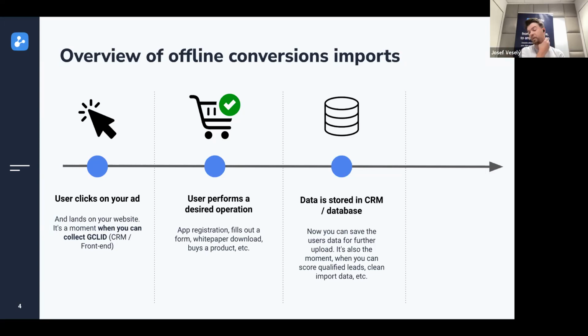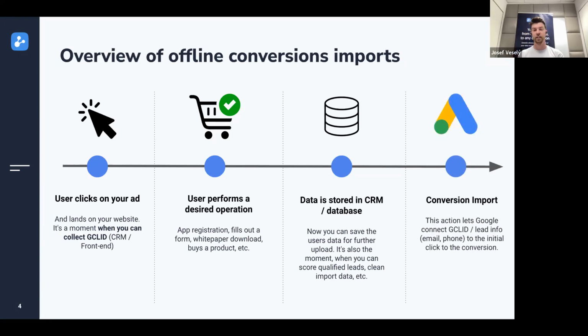And then the final step in this whole puzzle would be an actual import of the data. That's a moment when you send data to Google with the identifiers and with the conversion data, and Google is then able to match the identifier data to the initial click at the very beginning of the whole process. So that's that.